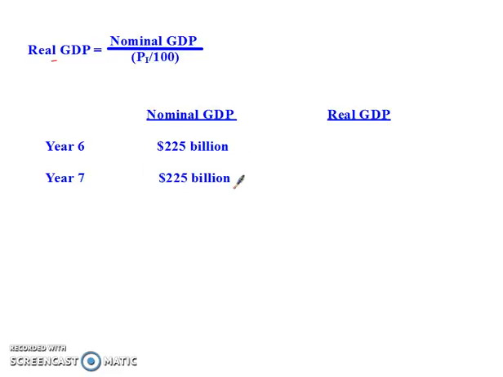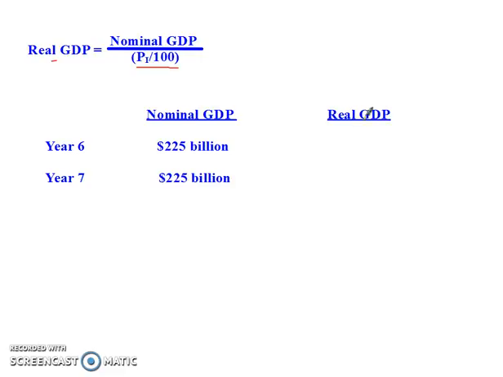services. However, the prices in year 6 were different than the prices in year 7. So to get a real comparison between years 6 and 7, we need to divide by the price index over 100. So here we go, real gross domestic product.